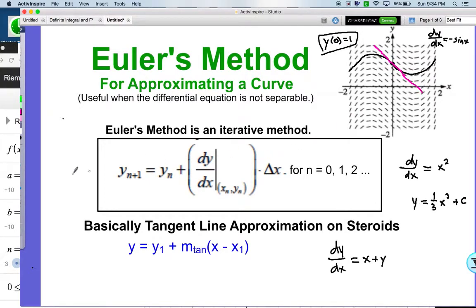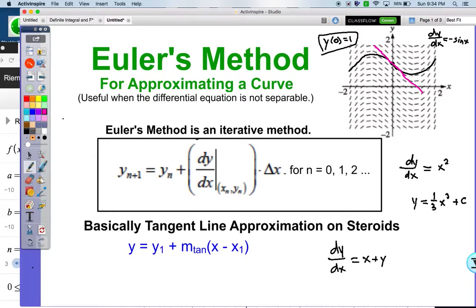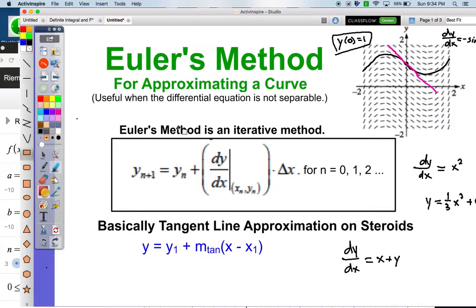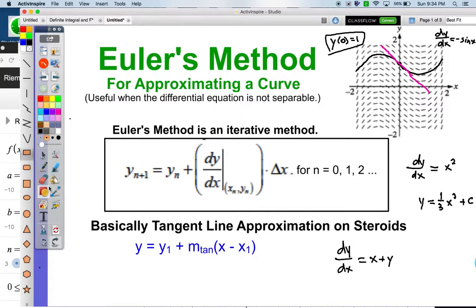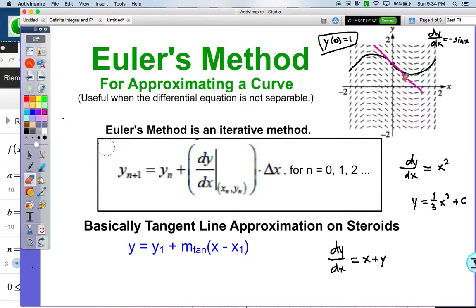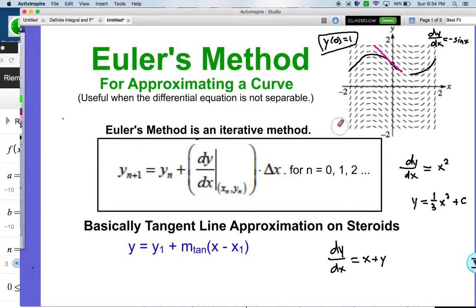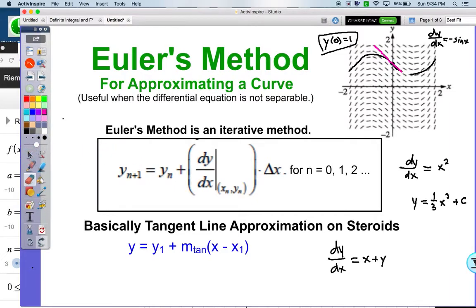So what Euler said was, instead of going the whole distance out and saying that curve is there universally, let's go out just a short distance, just a tiny bit, find the new y value and a new x value, and plug it back in. So maybe our curve at a half would come out and do like this.